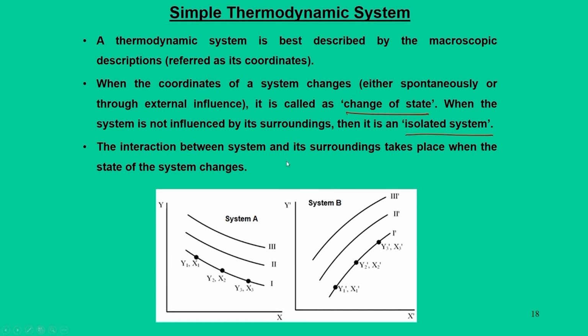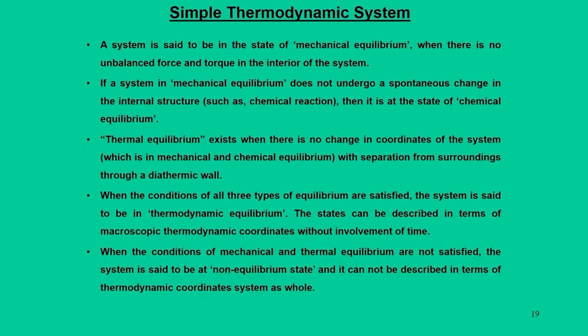So, that means the interaction between system and its surrounding takes place when there is a change in the system. We also know that for a simple system to exist in equilibrium, there are three types of equilibrium.